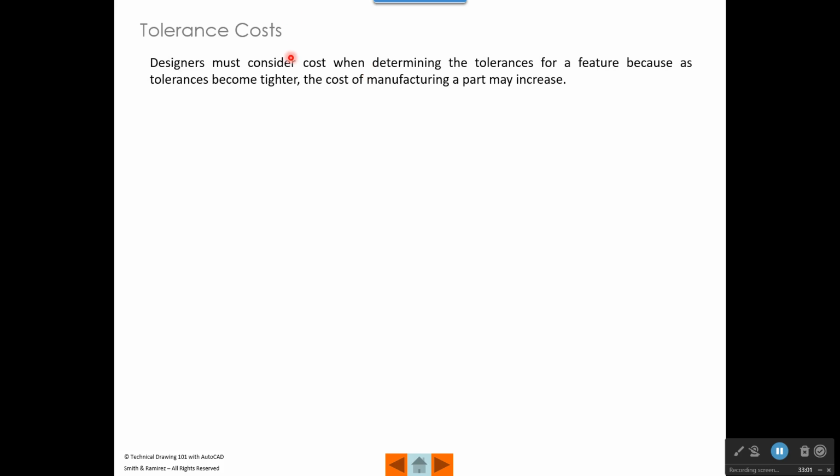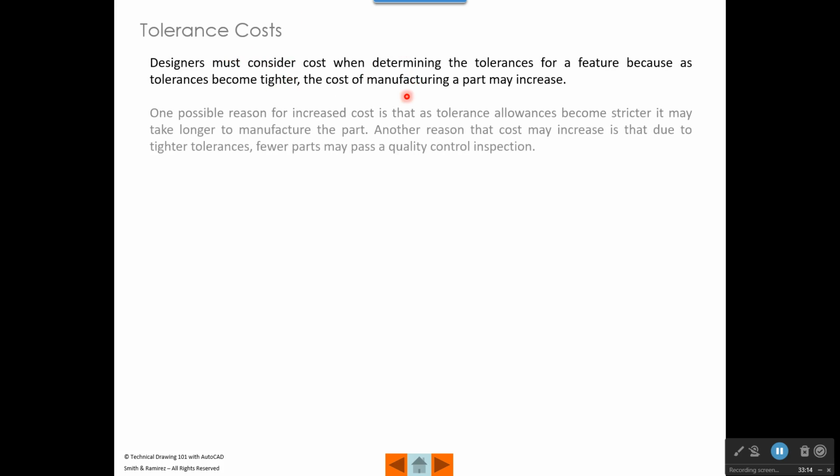The cost of tolerancing parts. Designers must consider cost when determining the tolerances for a feature, because as I said, as tolerances become tighter, the cost of manufacturing a part may increase. One possible reason for increased cost is that as tolerance allowances become stricter, it may take longer to manufacture the part because the manufacturer will have to slow down the processes and be more careful.